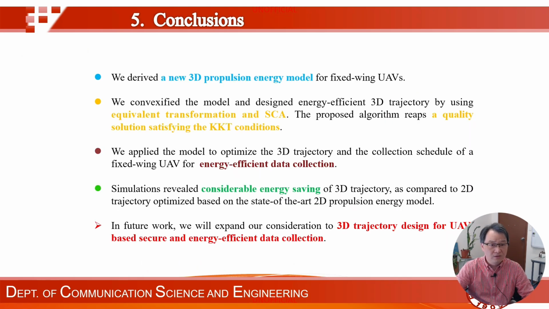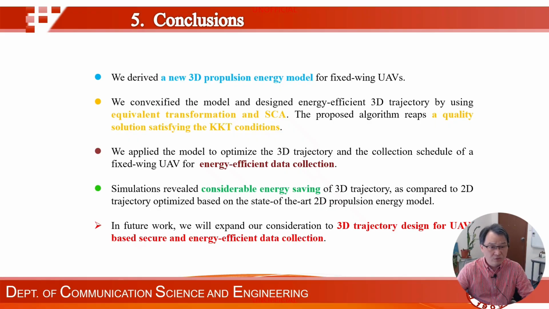Now, this is our conclusion. First, we derived a new 3-dimensional energy model for fixed-wing UAVs, which captures real-world energy consumption more accurately compared to the existing 2-dimensional model. Second, we convexified the model and designed energy-efficient 3-dimensional trajectories using a number of transformations and approximations.